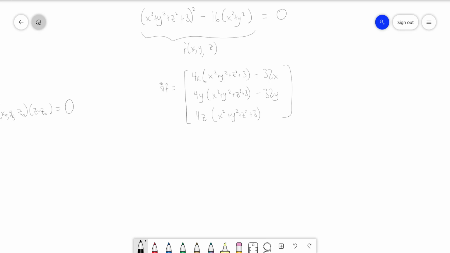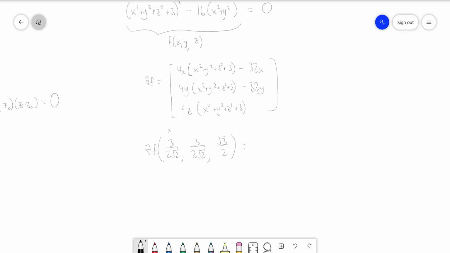All right, so we need to evaluate at the point that they gave us, so 3 over 2 root 2, 3 over 2 root 2, and root 3 over 2. So 4x would be 6 over root 2.